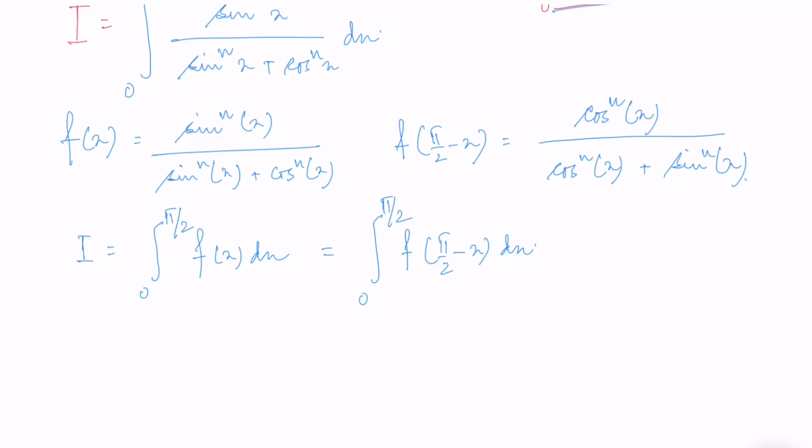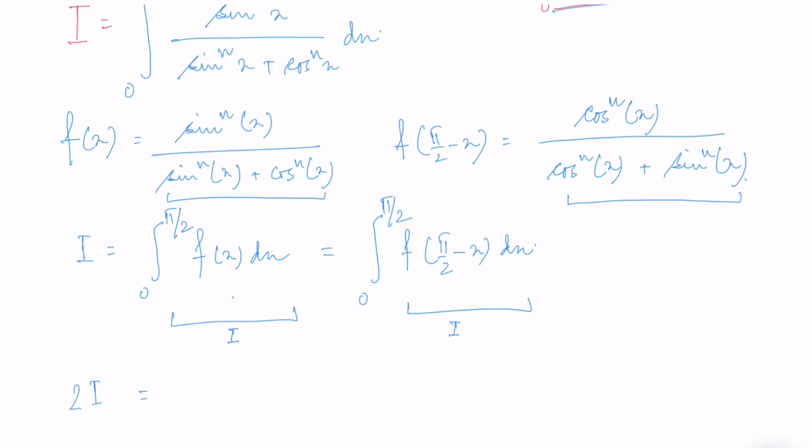So I can in effect replace this here with this, and this with this. So let's do that. Now I'm going to do something interesting. Instead of putting equal to, I'm going to add both of these. So this is also I, and this is also I. If I add both of them, they become 2I, right?